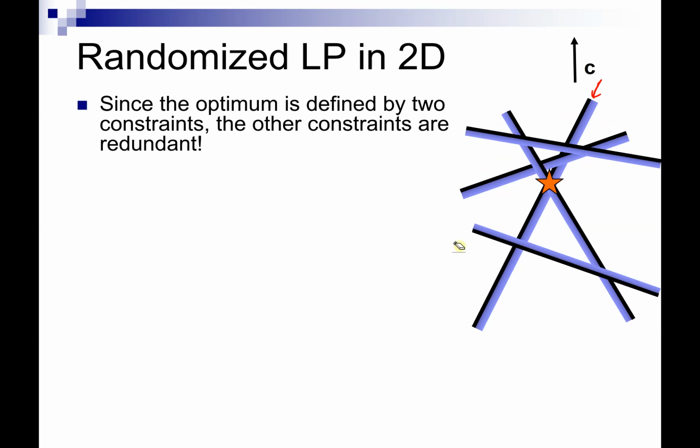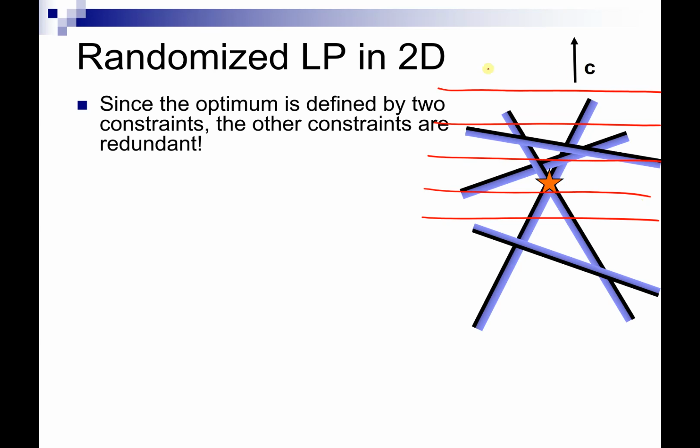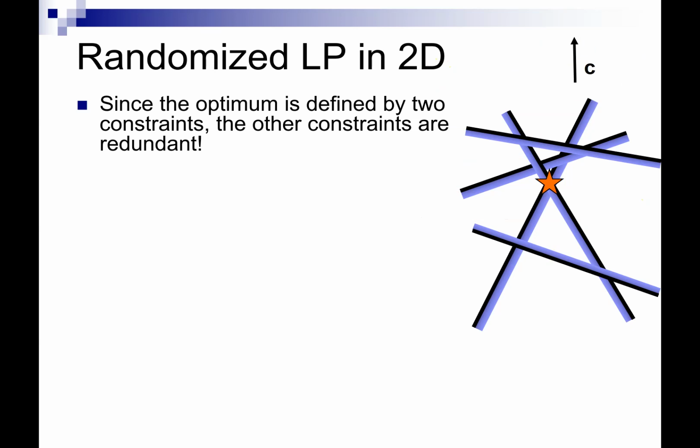Now for this problem, suppose we have an objective direction. Remember that in order to get to the optimum, we want to move a certain line in a direction. We consider these straight lines which are perpendicular to this optimizing direction. Our optimizing direction is pointing straight up. That's what the c vector is.